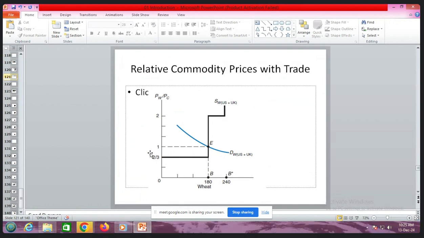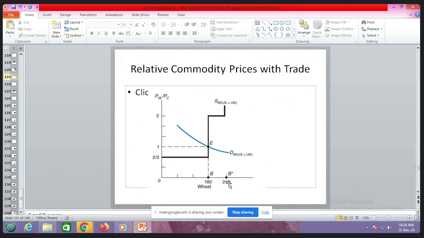When the relative price is 2/3, only the US can produce; the UK cannot produce at this relative price. So the maximum production is 180. When the relative price increases to 2, how much is the maximum production that can take place in the UK? 60 of wheat at relative price 2.